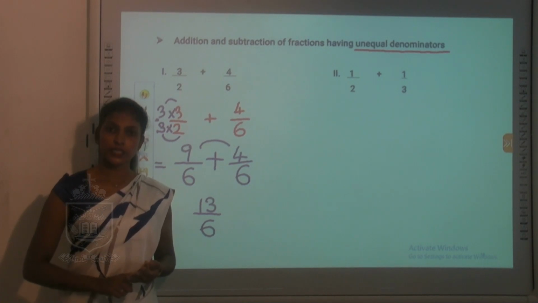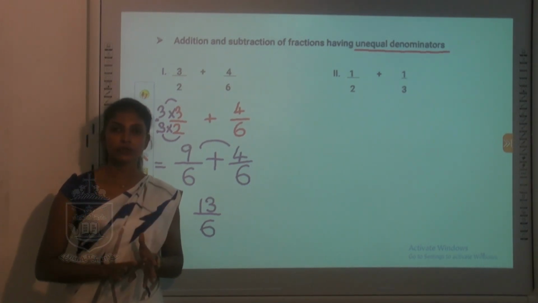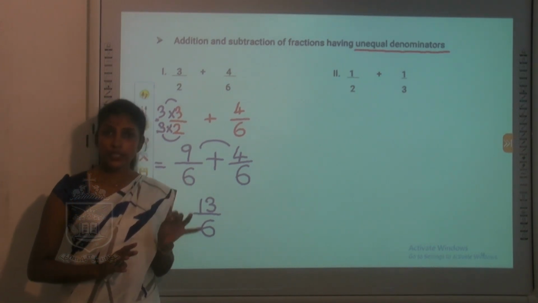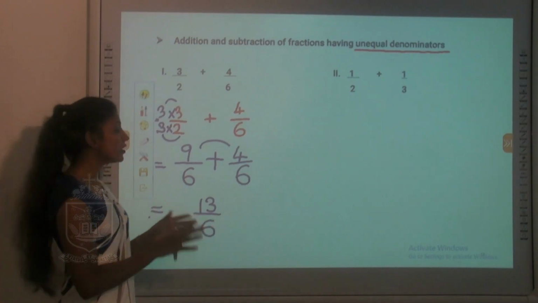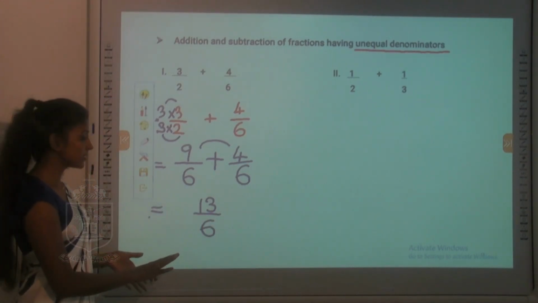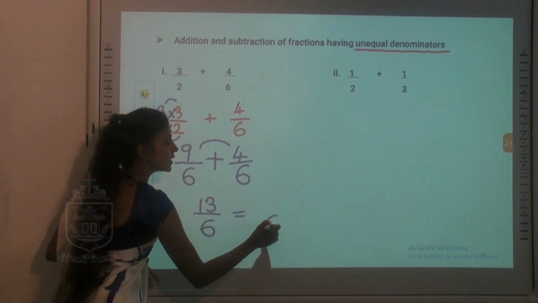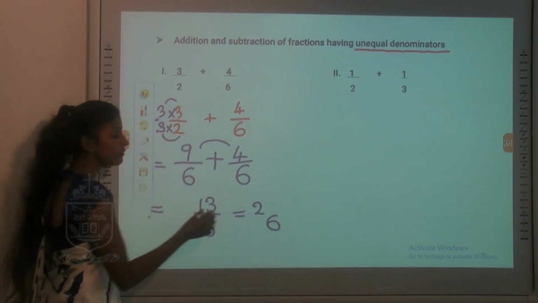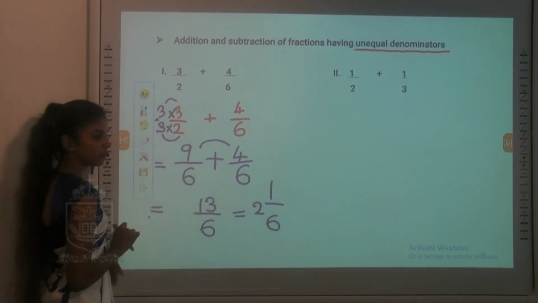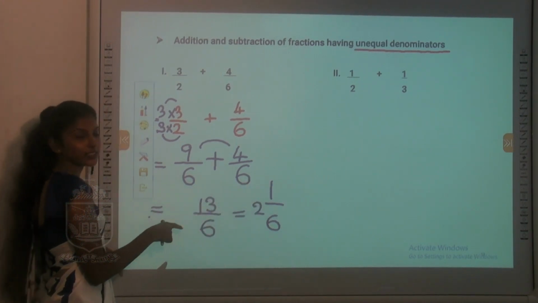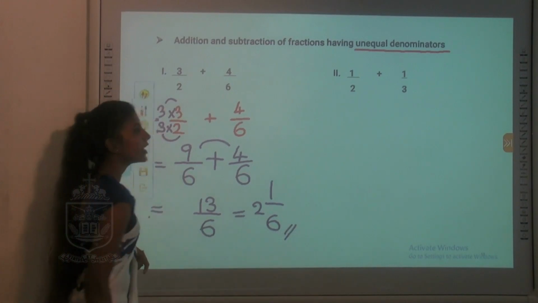And the next point is, if it is an improper fraction, you always have to convert it into a mixed number. Always check whether all three conditions are satisfied when you are obtaining a final answer. When you are converting this, we know that 6 times 2 is 12. 12 plus 1 will give you 13. You can recheck. 6 times 2, 12. 12 plus 1, 13. That's an easy method of checking your answer.